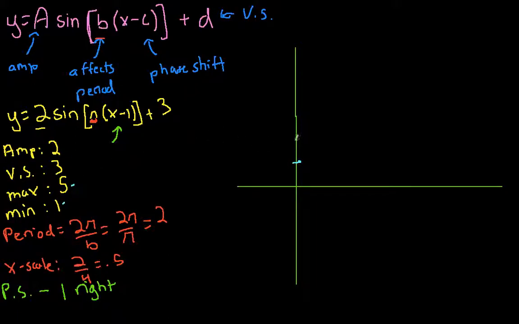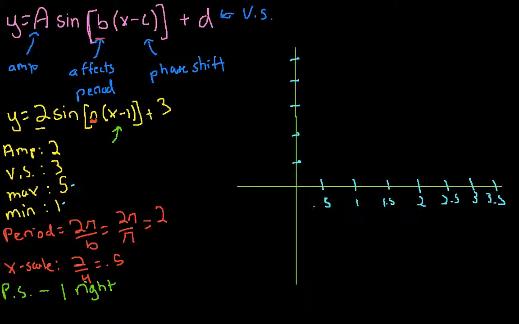So I'm going to write 1, 2, 3, 4, 5. I'm not even going to worry about the negatives because it doesn't need to go down there. My x scale is 0.5, so I'm going to do 7 lines at 0.5. I'll talk about why I did 7 when I discuss the phase shift. So that's 0.5, 1, 1.5, 2, 2.5, 3, 3.5. All I'm doing is going up by intervals of 0.5.